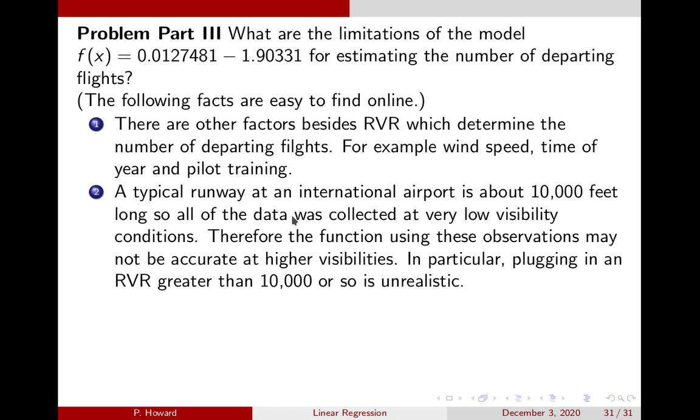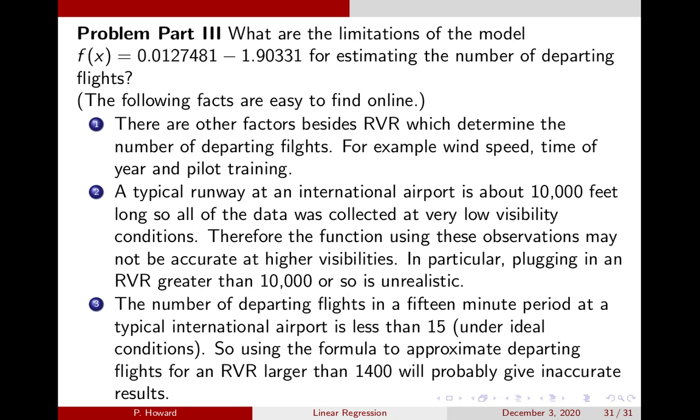Therefore the function that we found using these observations is likely not to be accurate at higher visibilities. In particular, plugging in an RVR greater than 10,000 or so will probably give you a very unrealistic value.